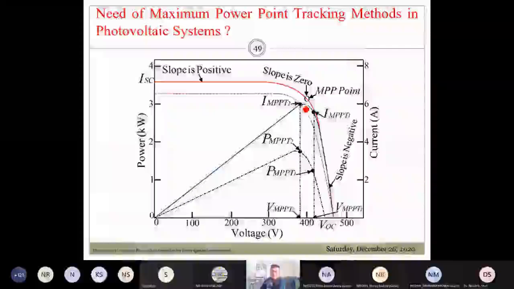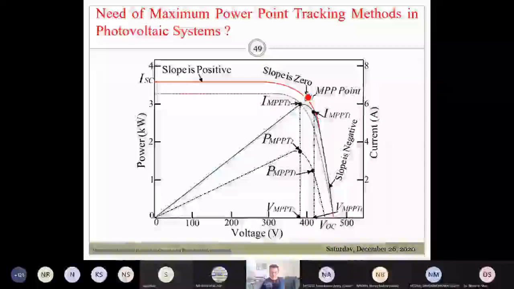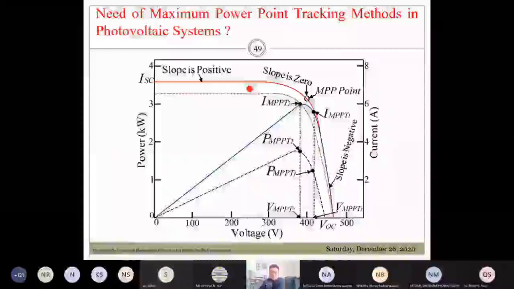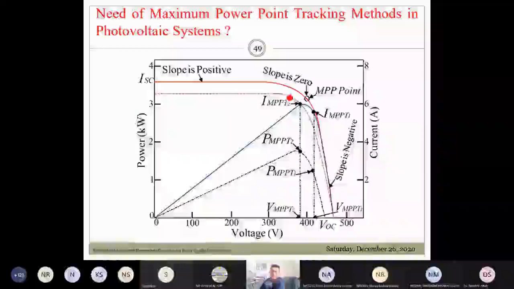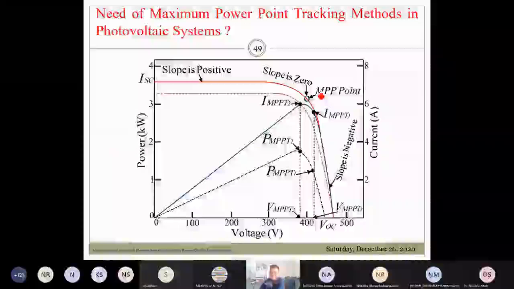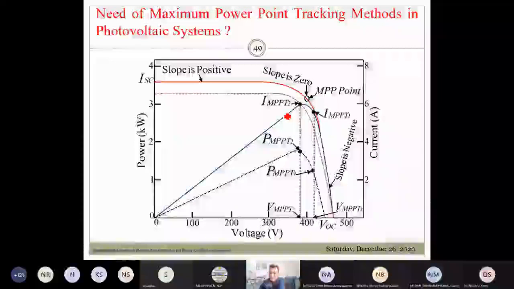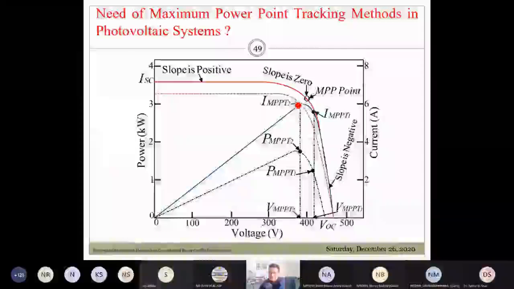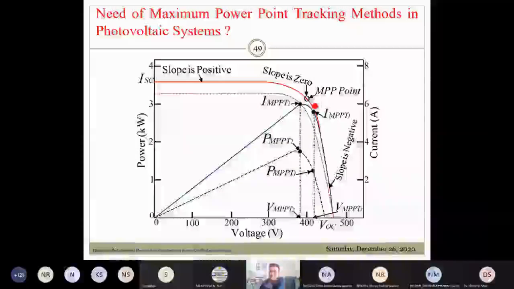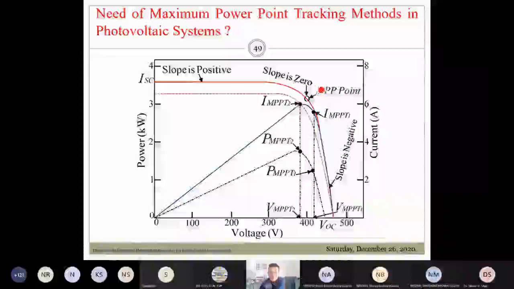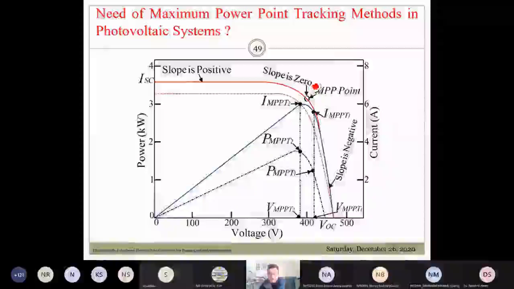As you can see, the output characteristic of the PV module is non-linear. How can it be seen? Because the current is not linearly varying with the voltage, isn't it? So what makes it behave as non-linear? It is due to the fact that the product of voltage and current is power. So it makes the PV array operate as non-linear.